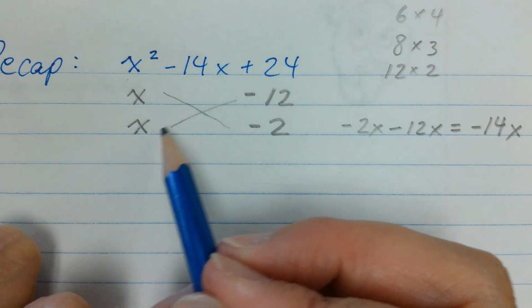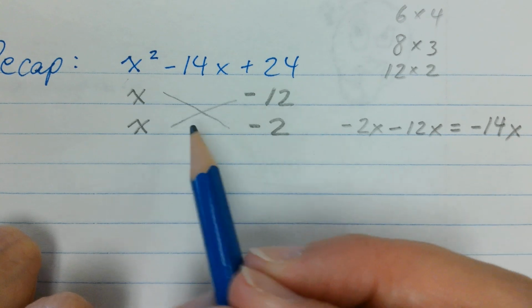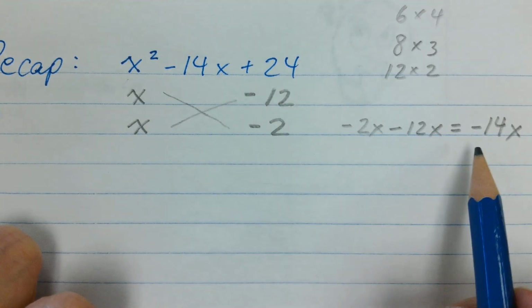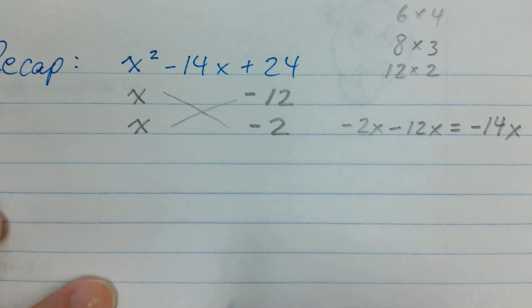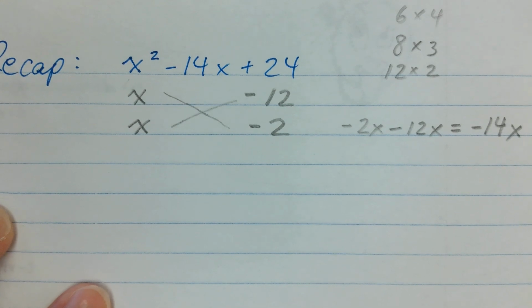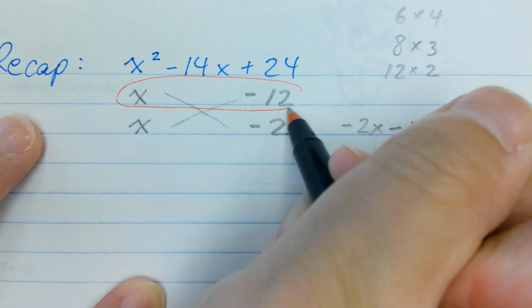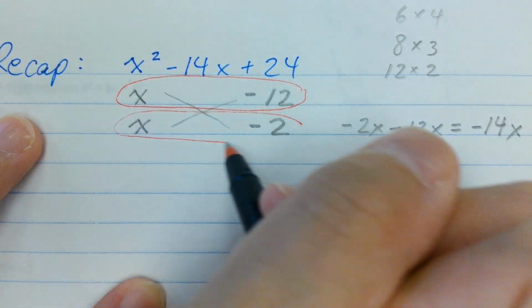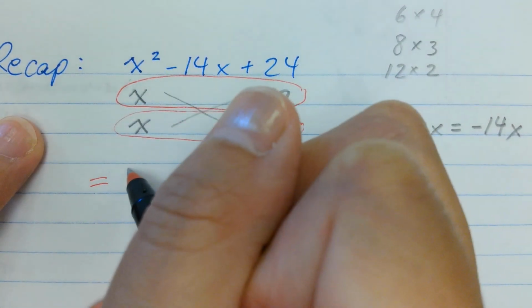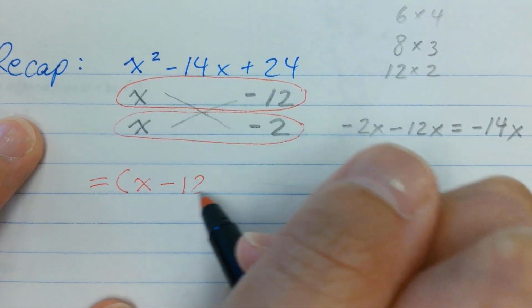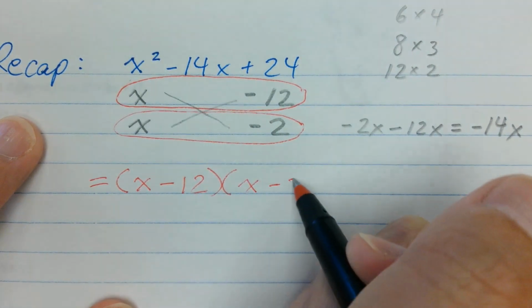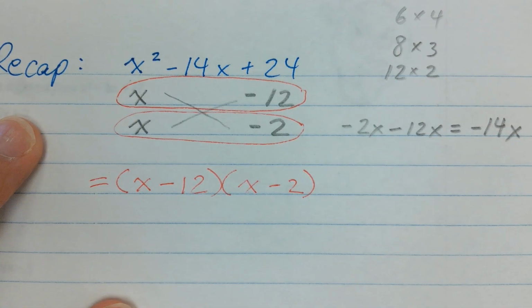So how am I going to write my answer? This is my first bracket, and this is my second bracket. So my answer is x minus 12, x minus 2. So this is a second method to triangle and square.